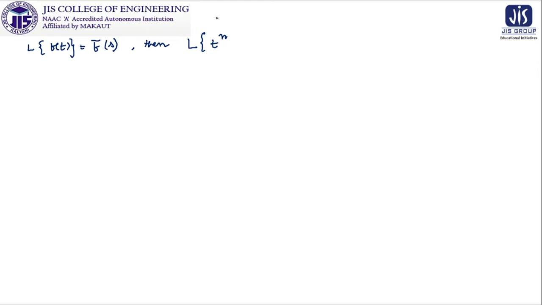If that property is known to us, then we can easily generalize. So t to the power n f(t) is minus 1 whole to the power n, d^n by ds^n, that is differentiation with respect to s n times of f bar s, where n is a positive integer.